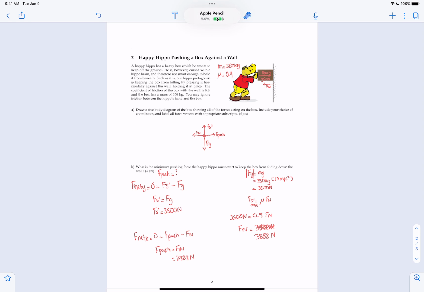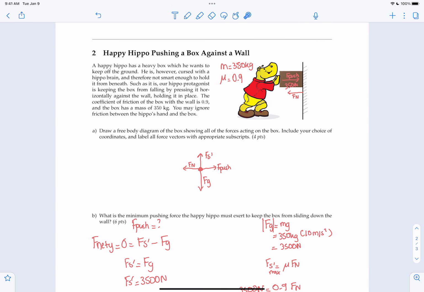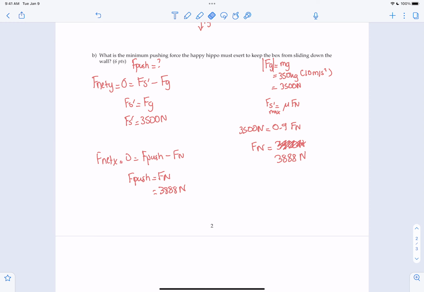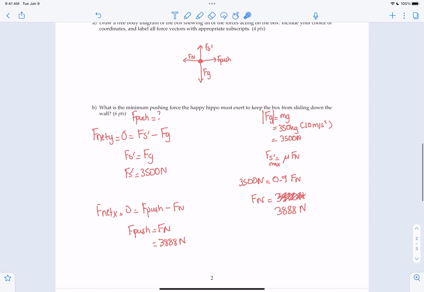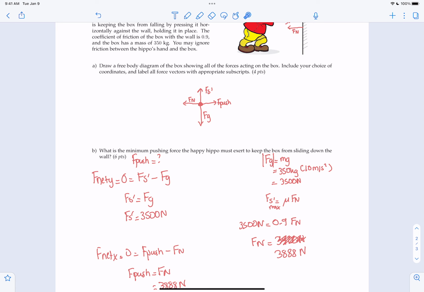I would honestly just worry about this type of context. I would still draw your free body diagram, Fs, Fg, and I would just keep in mind that your static friction force is at its maximum when the object is just about to slip. So that's often a keyword that you're for sure gonna see in a problem, either in a quiz or exam or whatever.